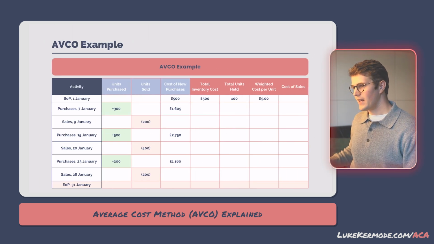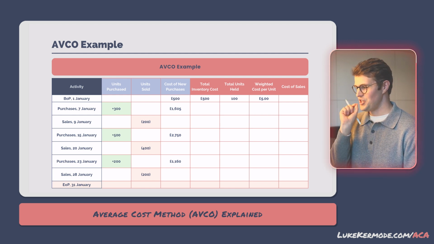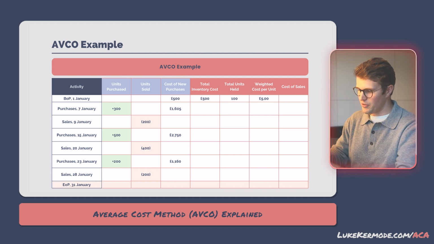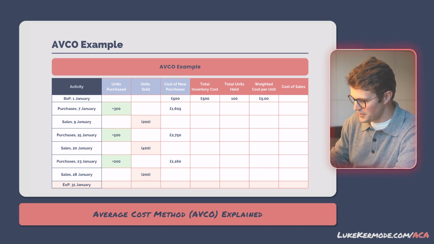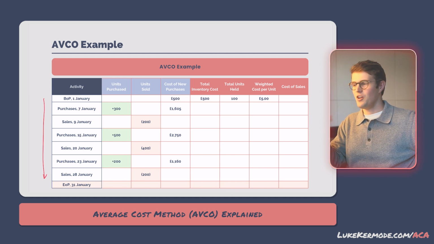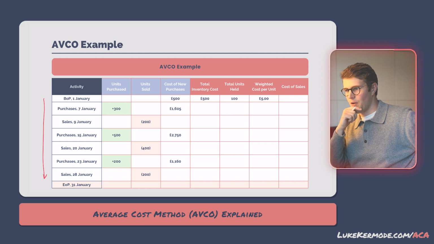When you're tackling an average cost question, I really recommend sketching out a table in your workings that looks just like this. When you go down the rows, you can see that we've listed out all the purchases and the sales that have taken place in chronological order. This helps us keep track of all the inventory movements that have taken place over the course of the accounting period.